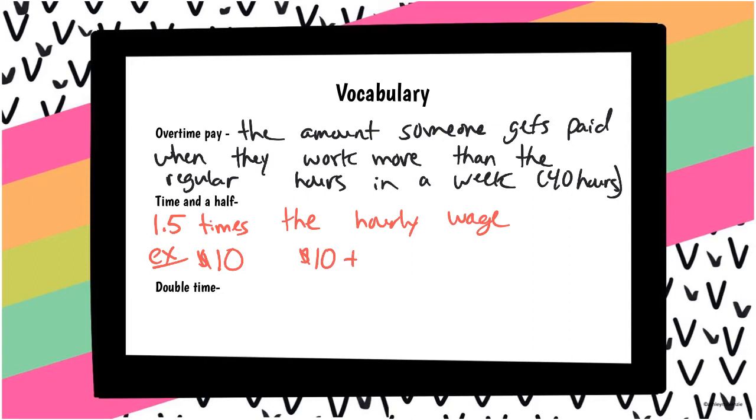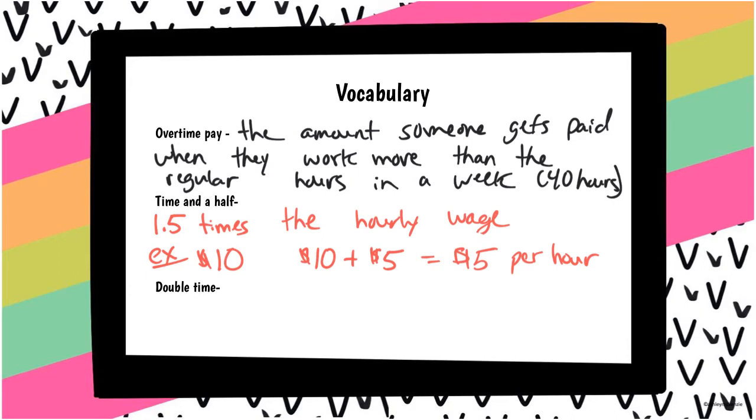Half of 10 is $5. So we would get our full 10 plus half of that, 5. So our overtime rate is going to be $15 per hour.